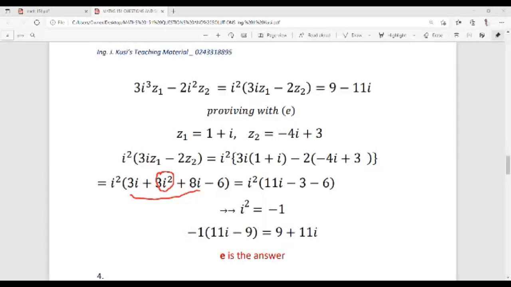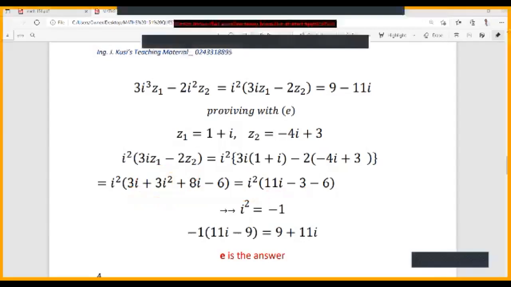And this will give you 11i. The 8i and the 3i will give you 11i, which is this one, right? And minus 3 minus 6 will give you minus 9. Very good.